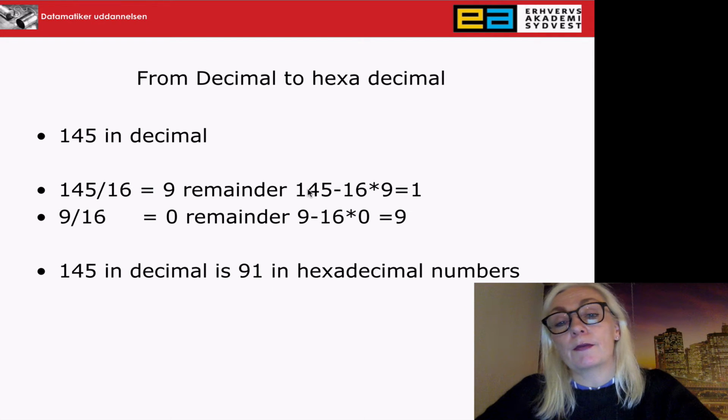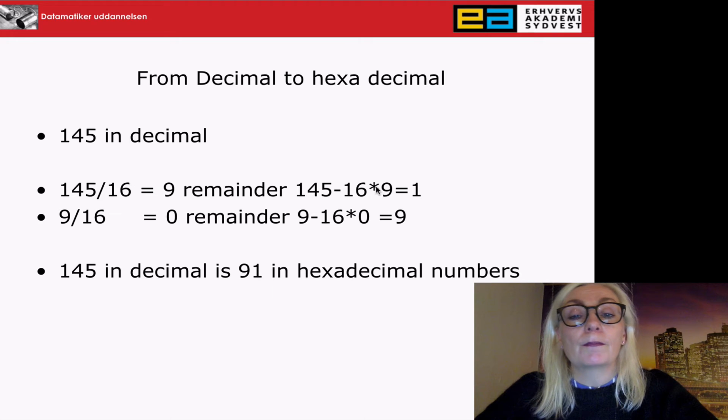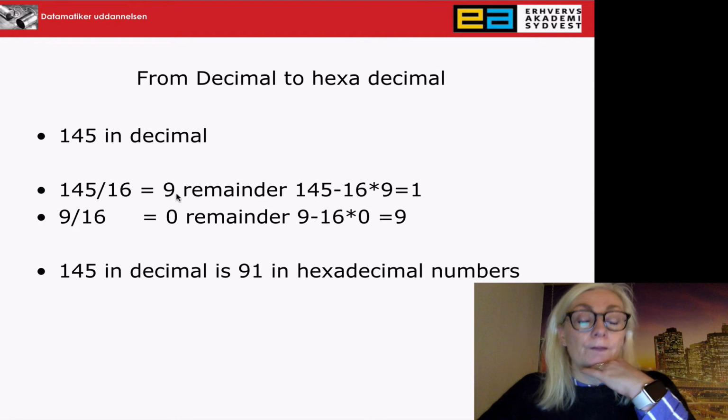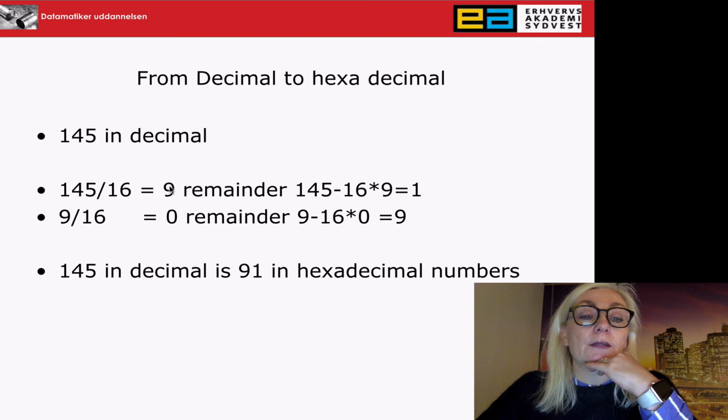And to calculate the remainder, I take 145, I take 16 multiplied with 9, which is the full times that it goes up. And when I calculate this, it is 144, it will give me a 1 in the remainder. Then I take 9 and divide, because here is the rest. 9 divided by 16 is 0, and the remainder here is 9 minus 16 multiplied with 0, which is 9.